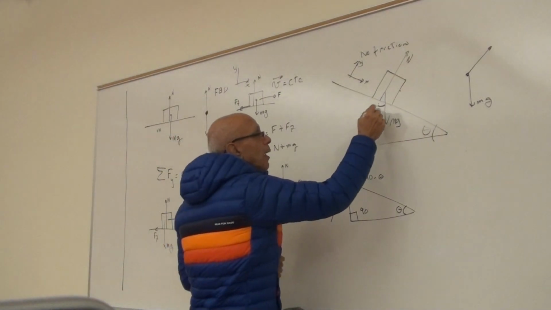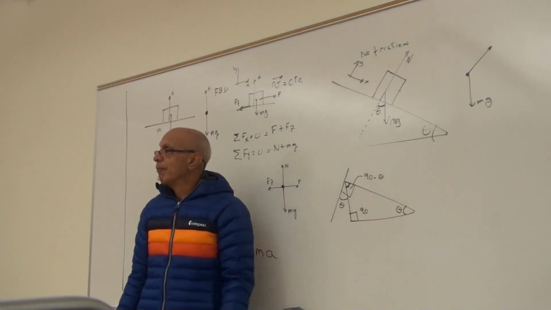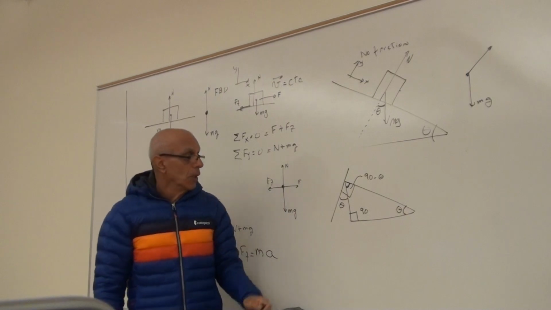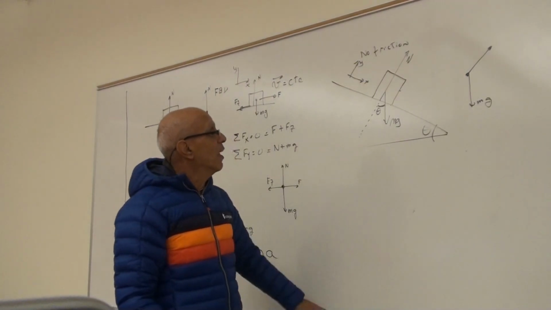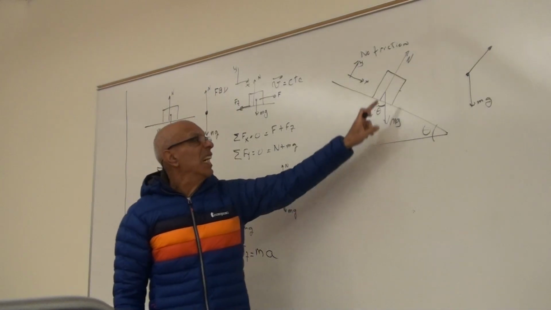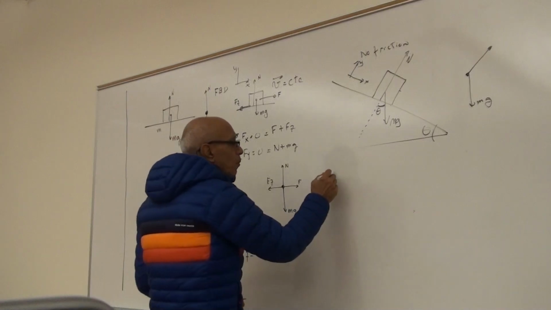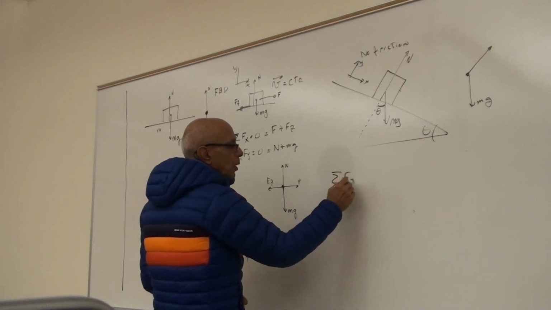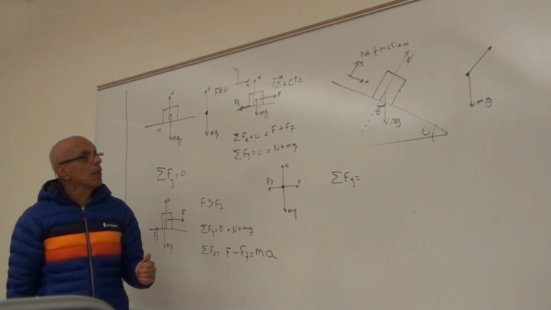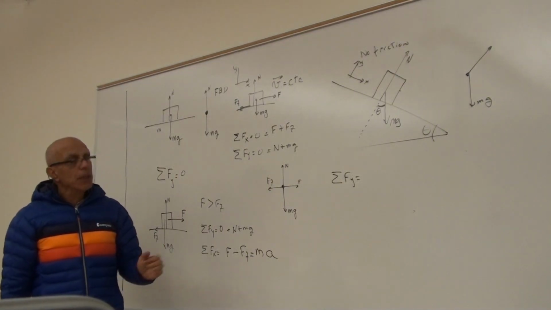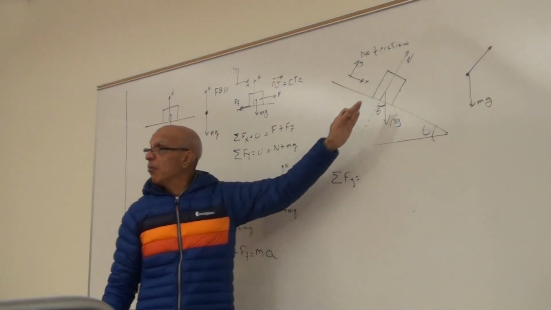So this here is theta, okay? This angle is the same as this one. Now remember, mg is a vector, N is a vector, and now I want to describe the sum of forces on the y-axis. How am I going to do that? Is the block moving in the y direction, back and forth?